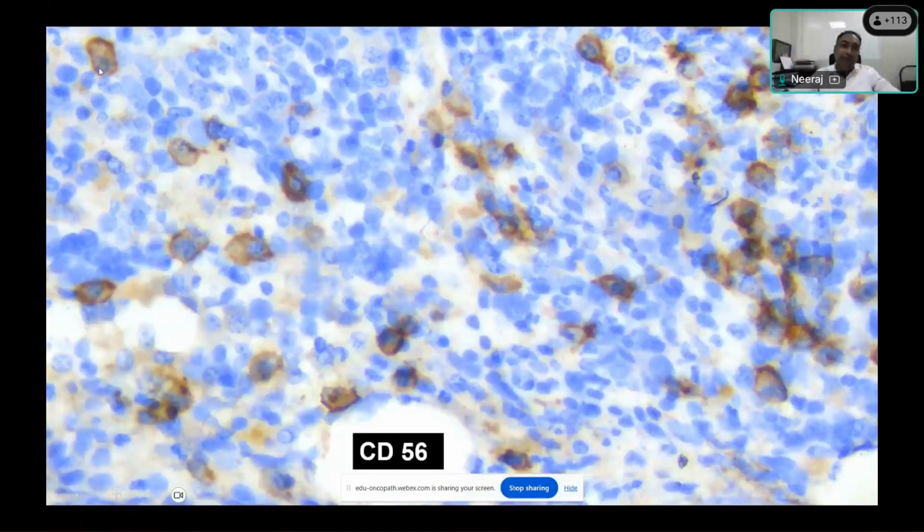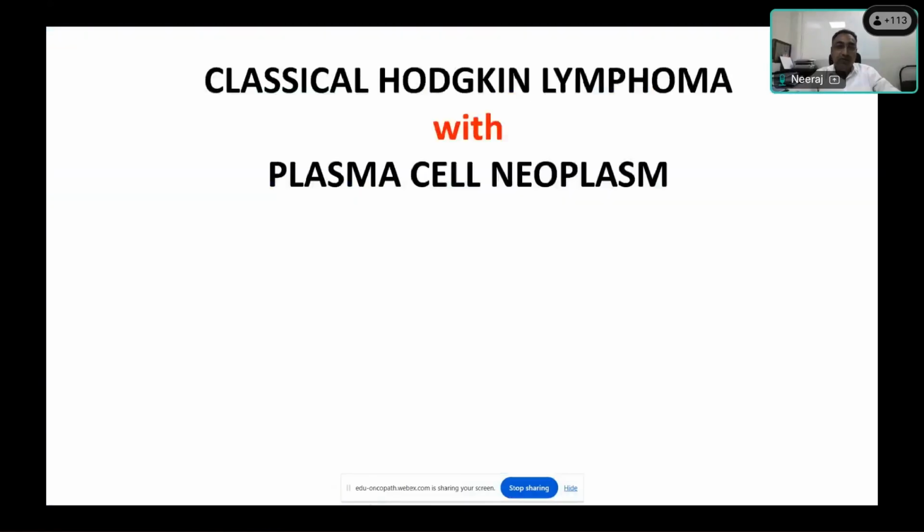As in flow cytometry, CD56 was positive, so this is an aberrant expression on the plasma cells, again showing that these plasma cells were clonal. So we had a diagnosis of classical Hodgkin lymphoma with plasma cell neoplasm, and this was retrospectively picked up based on the presence of paraproteinemia.